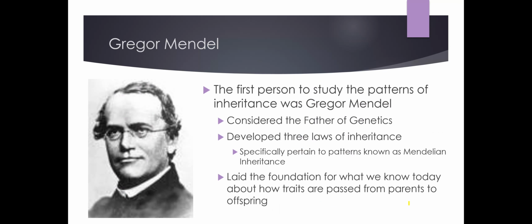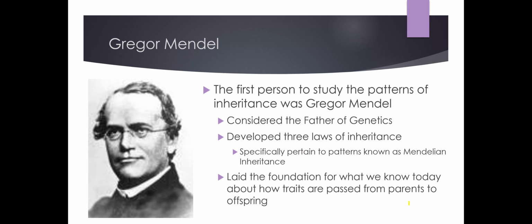And so when it comes to studying inheritance, probably the first person who gave us pretty much all the basics of inheritance is Gregor Mendel. And what's kind of shocking about Gregor Mendel to me is that he did all of this without our knowledge of DNA and without our knowledge of processes like meiosis. Those were not completely understood.